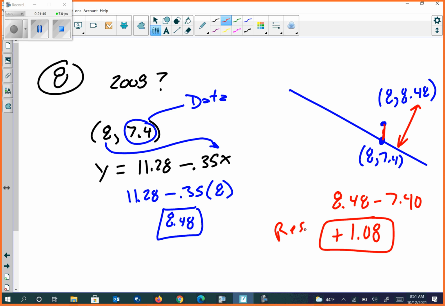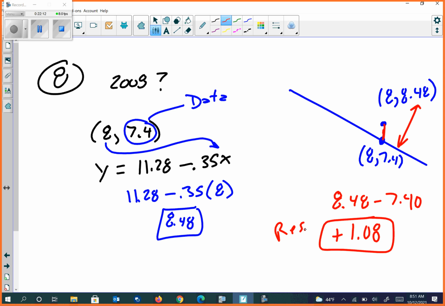Okay? So our data showed a certain line of best fit. If we wanted to take our equation and plug into that, we could determine that 2008 might have been an overestimate. Okay? Explain what the residual tells you in the context of the problem.